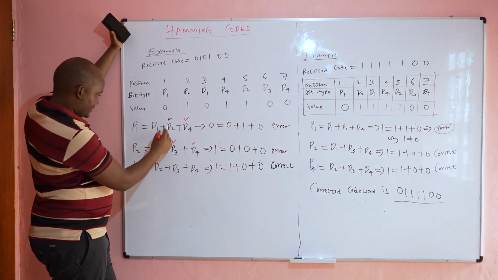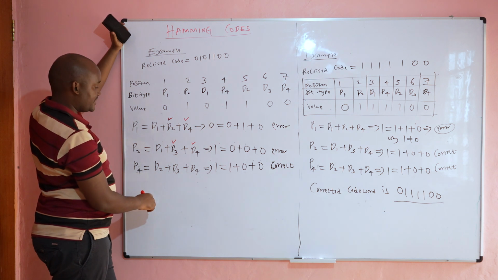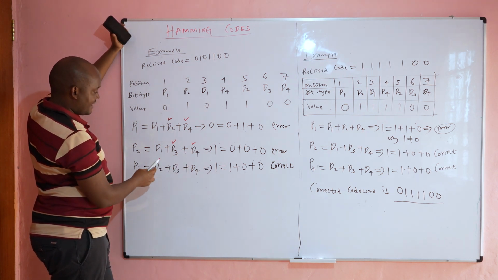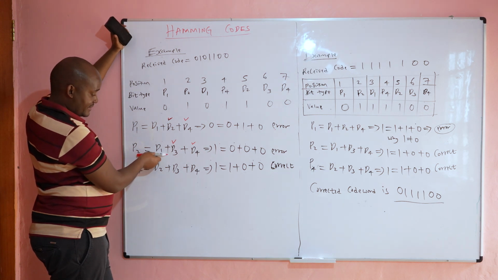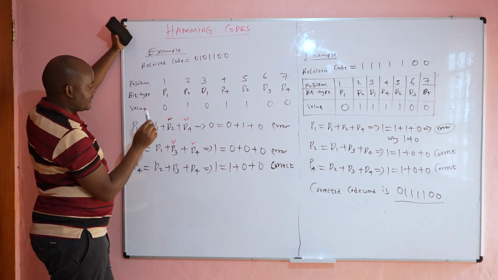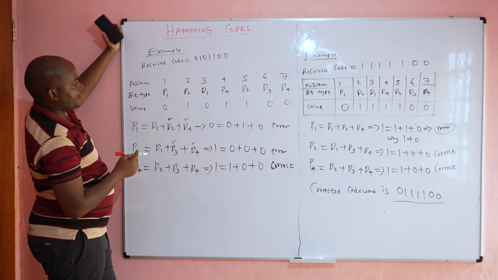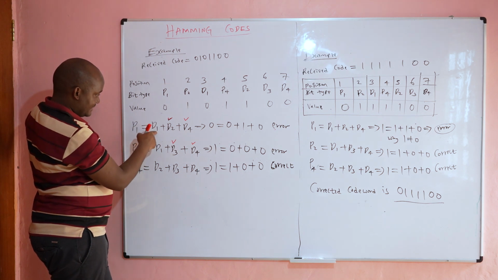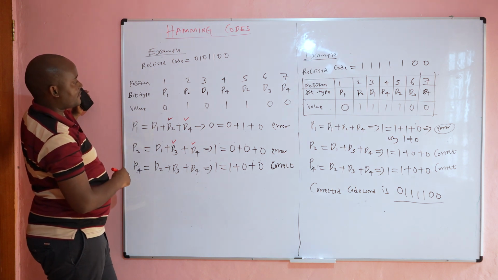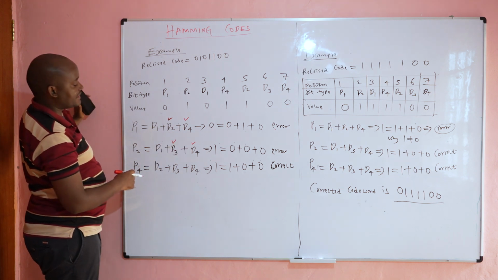But D2 is correct, D3 is correct, D4 is also correct in all these three equations. So the challenge that we have here is that we are not sure whether this D1 is correct. The others, D2, D3 and D4, are correct. Meaning that if we try to change this D1 from its original value, will it give us a correct result?